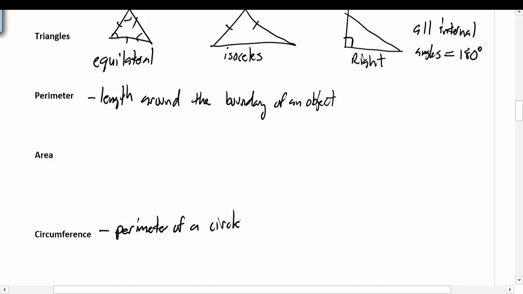Okay, area is the amount of space inside an object. One measure you'll hear used is called square units.